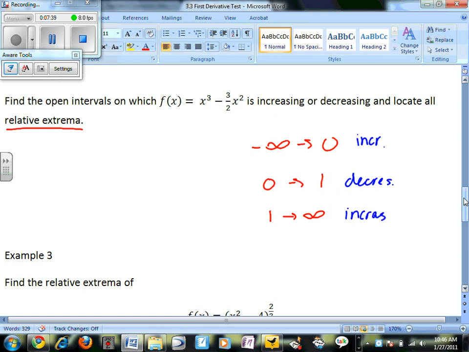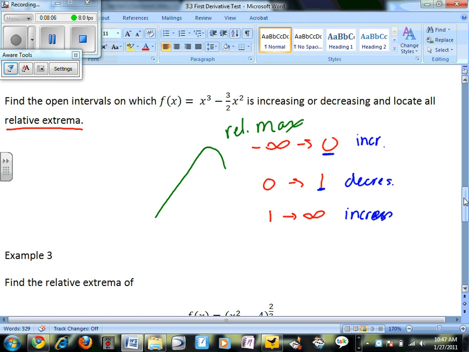So what we can tell now, is since it's increasing, decreasing, then increasing, we can figure out what our critical points are. Remember, our critical points are 0 and 1. We can figure out whether 0 and 1 is a relative min or a relative max. All right. So I'm starting at negative infinity, and it says I'm increasing until I get to 0. Then all of a sudden it changes to decreasing. So I know at 0 I'm going to have a relative max.